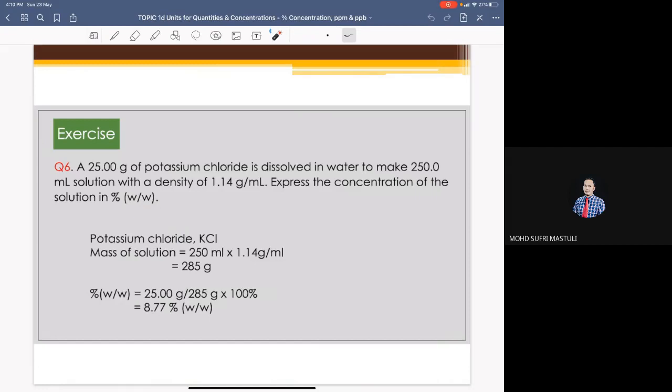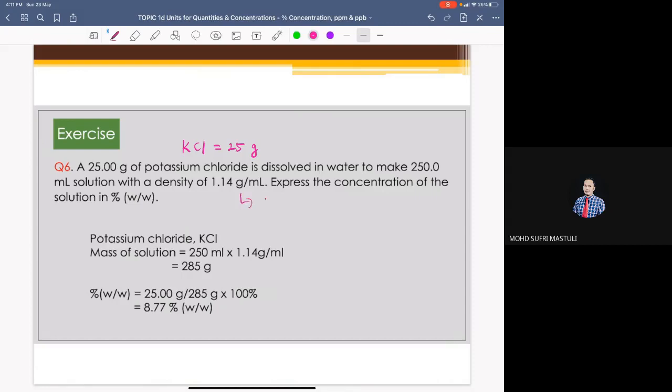The solute is potassium chloride, KCl, with a mass of 25 gram, dissolved in water to make 250 ml of solution. Then you have to find the weight of the solution.